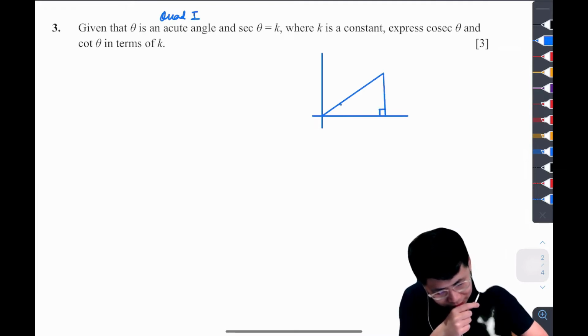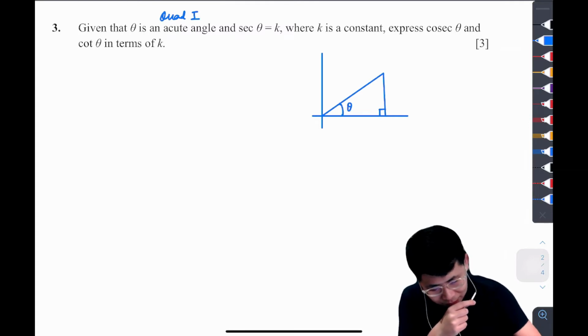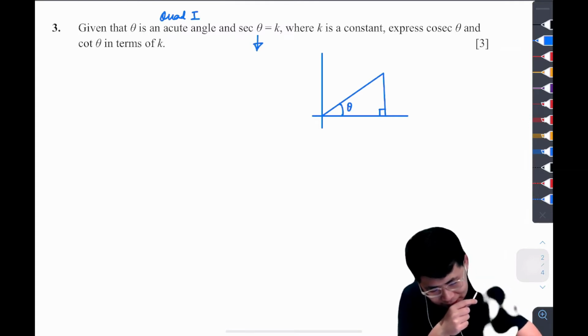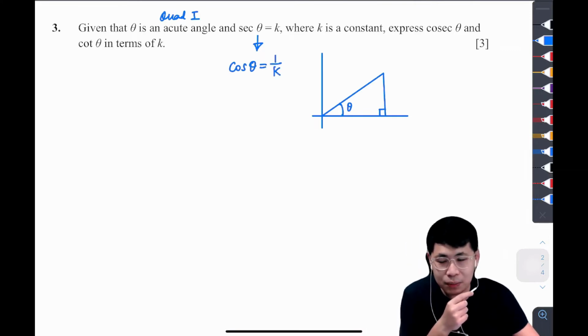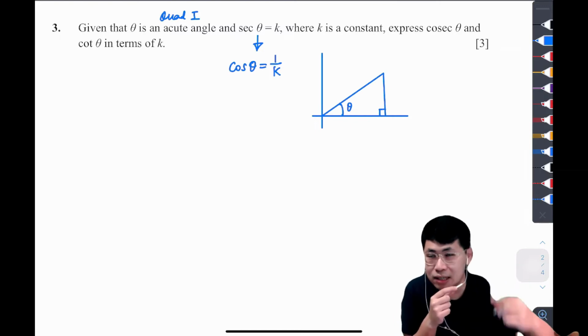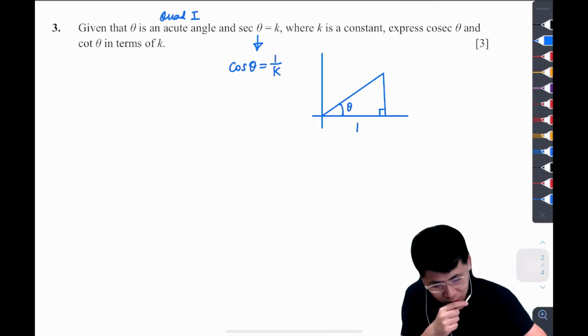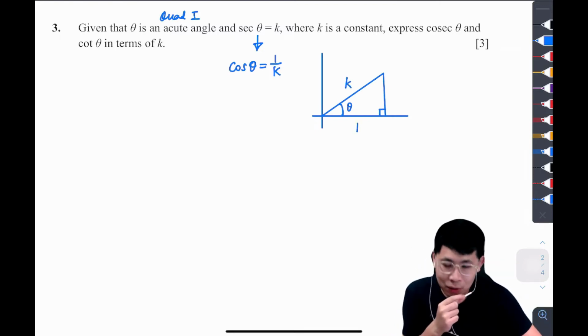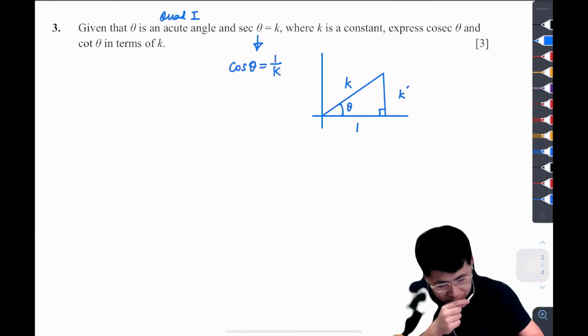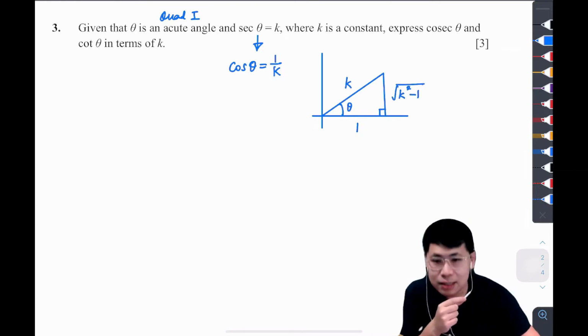This angle is theta. Secant theta is k, which means cosine theta is 1 over k. So the adjacent is 1, hypotenuse is k, and the remaining length will be the square root of k squared minus 1.